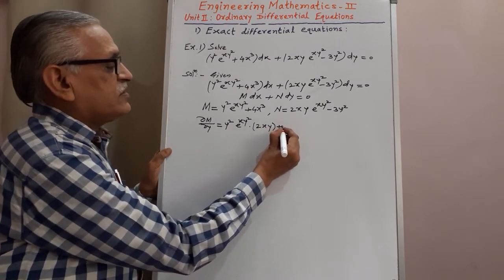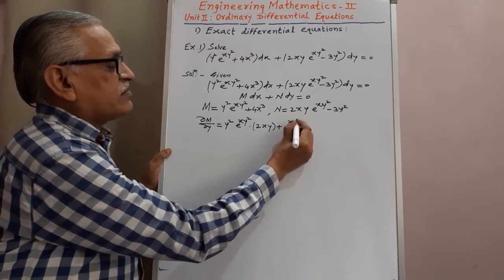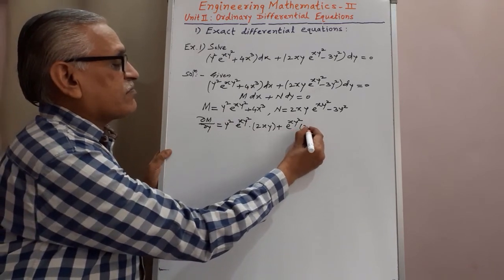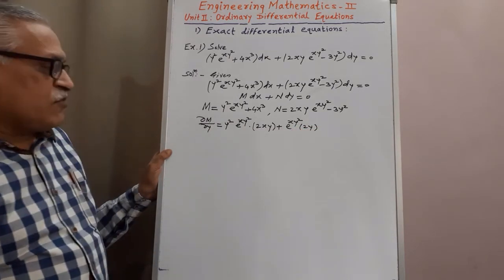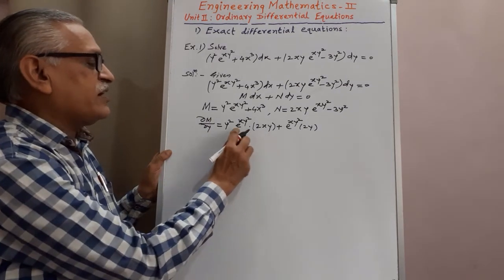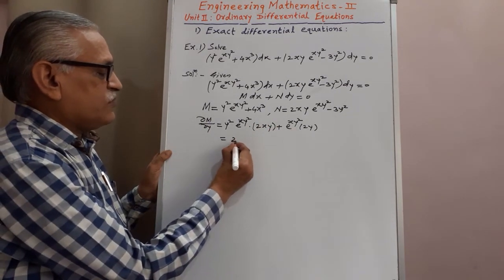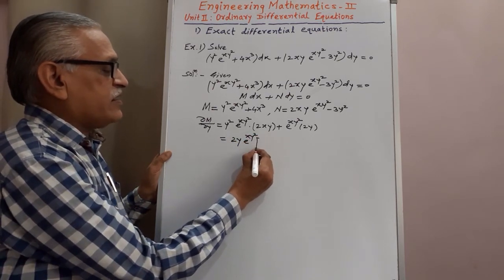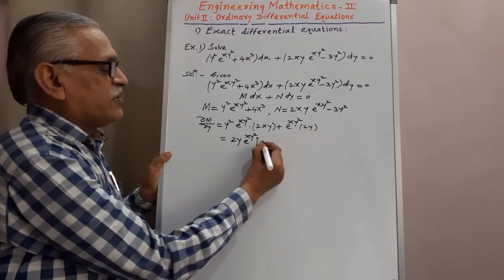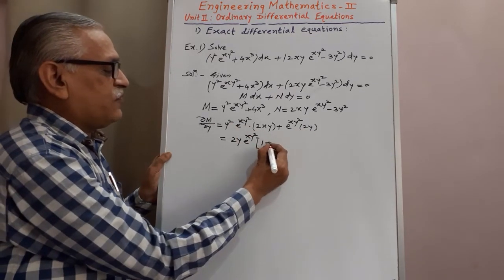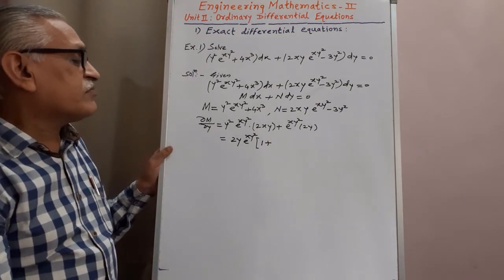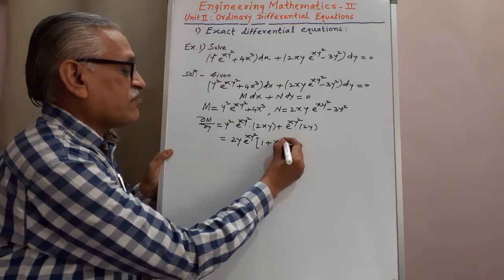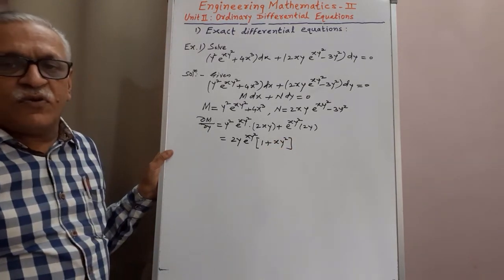Plus second term e raised to xy square and derivative of y square is 2y. From these two terms we can take 2y e raised to xy square common. Remaining here it remains 1, and in the first term the remaining term is xy square. This is the value of dou M by dou y.